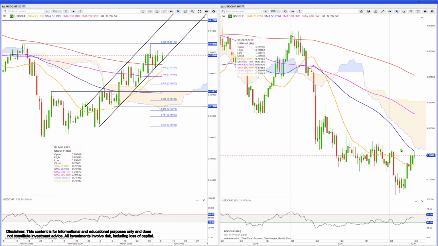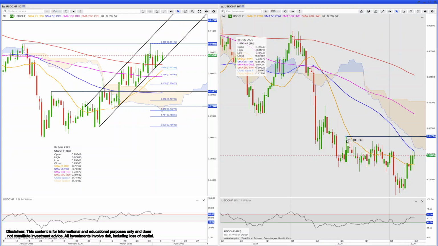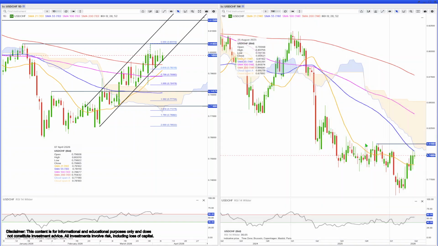But if it takes it out, then there is potential up to around 81 and up to 81.70 in this area. However, if it takes out the 79, then we could see it pushing back lower to 78. But for now, the uptrend is intact.